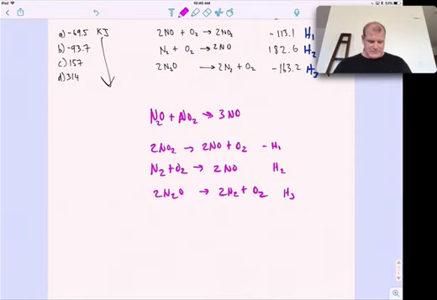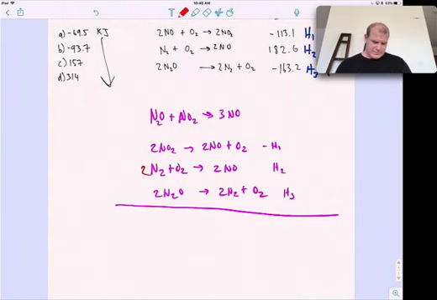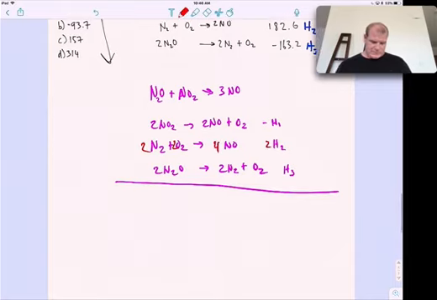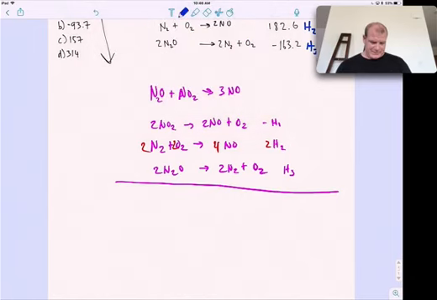So we're going to add these. So I think we multiply this one times 2 to get that. And by adding them together, I'm thinking this in terms of getting rid of the intermediates.